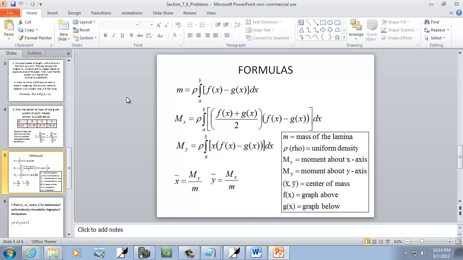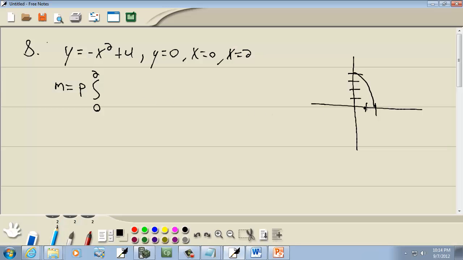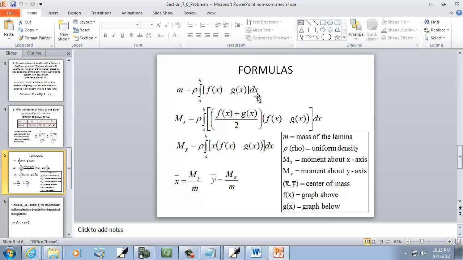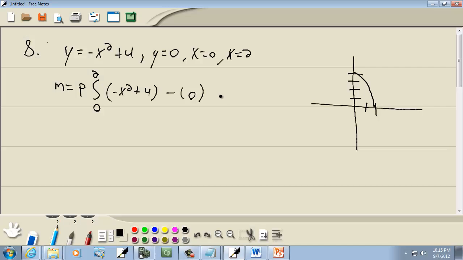And then it's going to be f of x minus g of x. The graph below, well, there's no graph below on this one, so it's just this one. If there were a graph below, it would be y is equal to 0. So we're going to have negative x squared plus 4. And let me put that there just so you can see it. So graph below, dx.